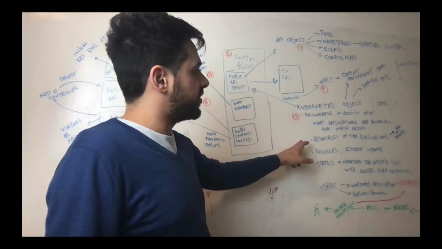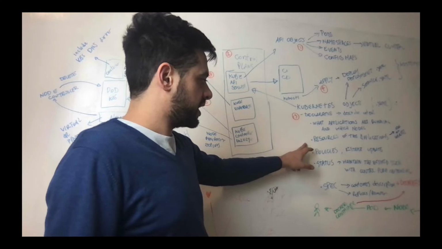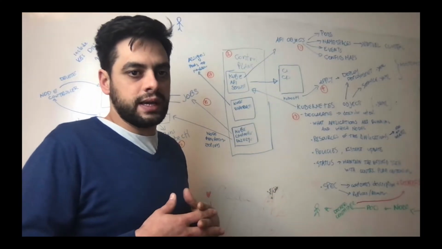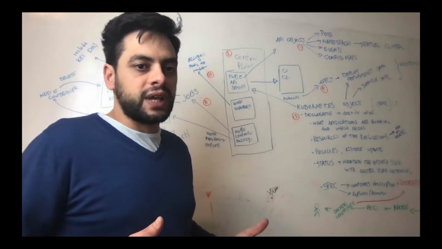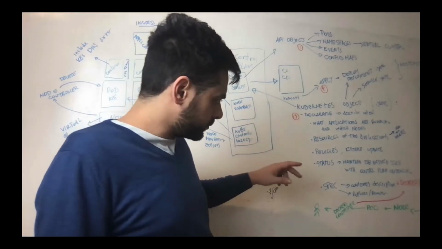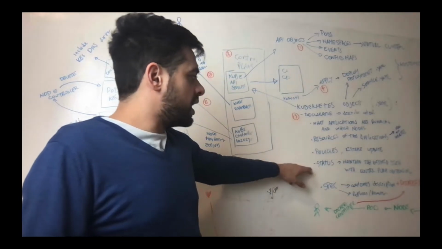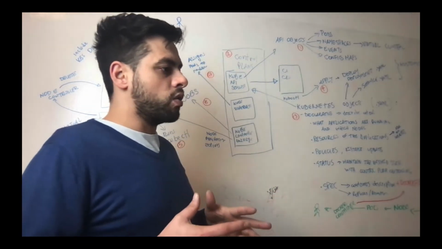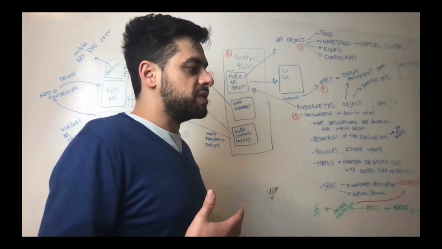It also specifies the resources of an application, and what policies apply for restarts and updates. So if I get an out of memory exception, should I restart right away or should I leave it off?